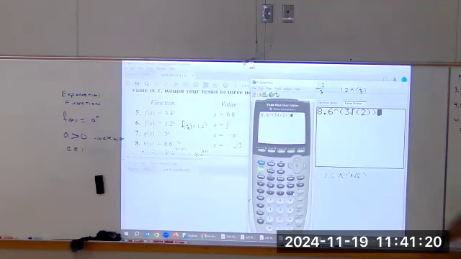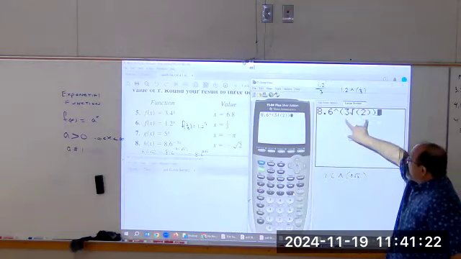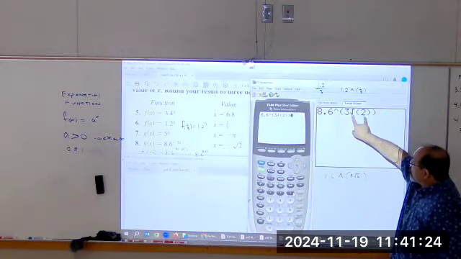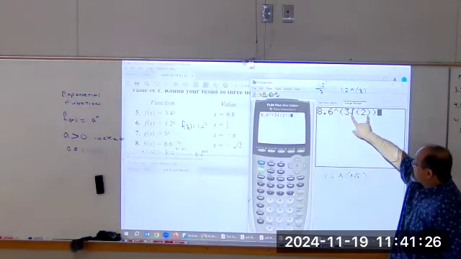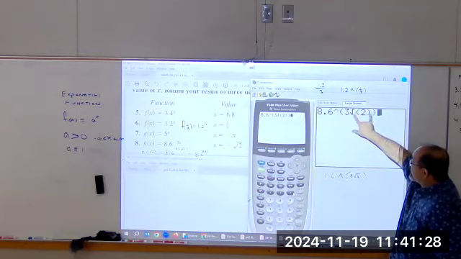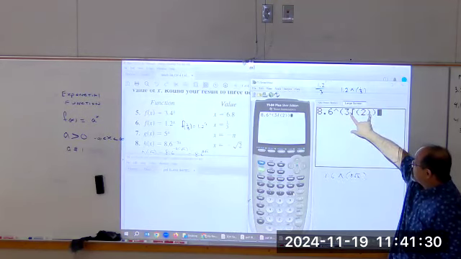So look at the parentheses. Parentheses around the whole exponent, 3 times my square root 2. My square root has a parenthesis to close it.